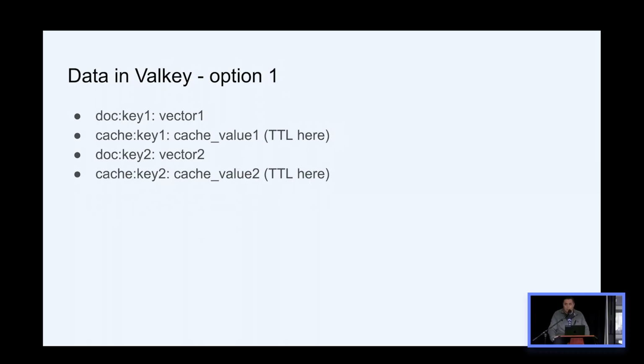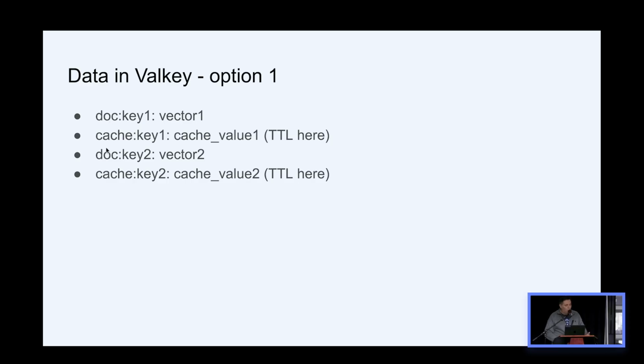When it comes to storing data in Valkey, we can model it in different ways. Here are a couple of options. One is we actually store the vector separately from the cache in two different keys. And we use key prefixes to separate them. So key one is kind of like the link between the two of them, but doc and cache prefixes are what differentiate them. Now you can specify the indexes in valkey-search to be only on the keys with prefix doc.